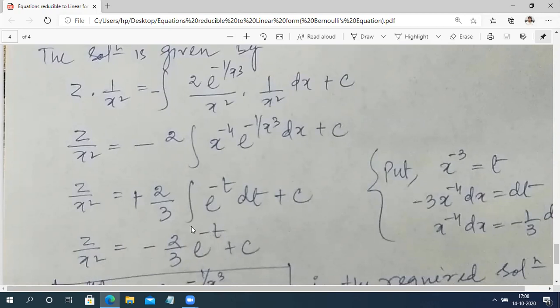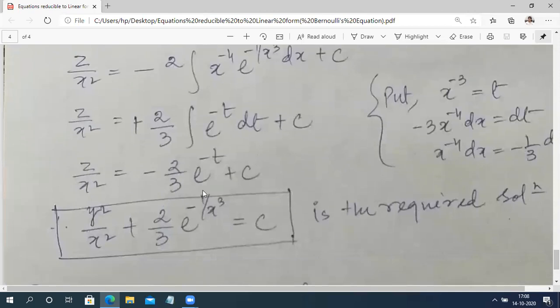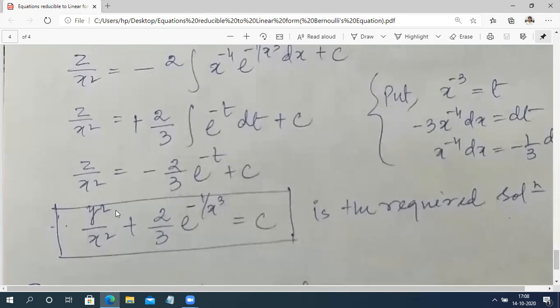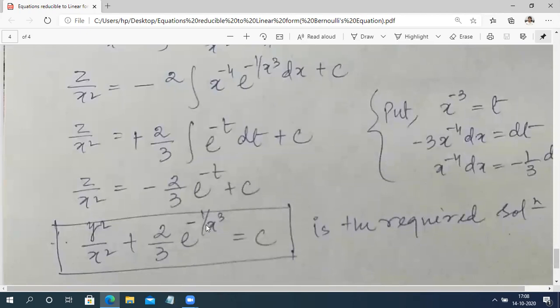So it will be like this: z by x square equal to minus 2 by 3 e raised to the power minus t plus c. Now substitute the original values, you will get y square by x square plus 2 by 3 into e to the power minus 1 upon x cube equal to c.